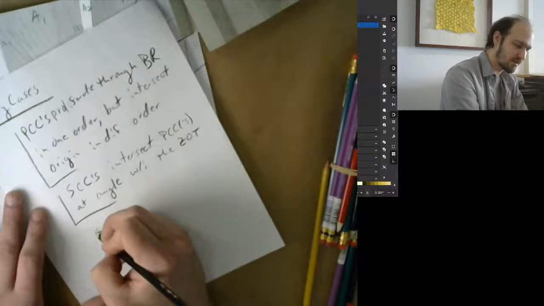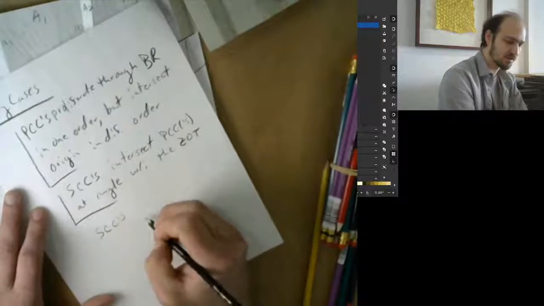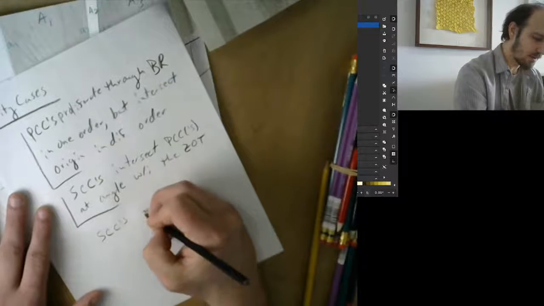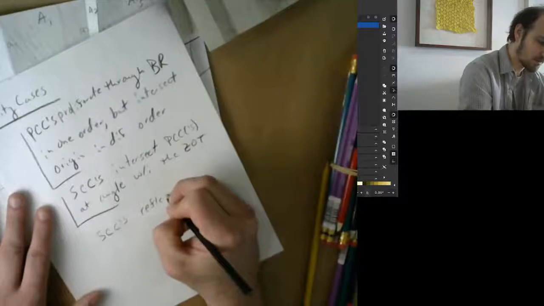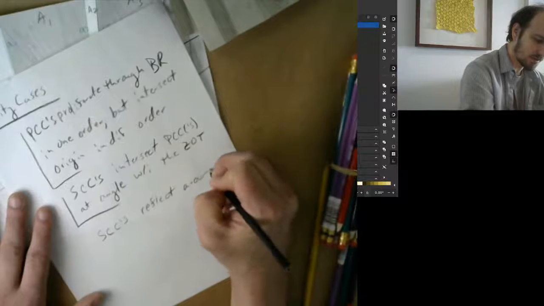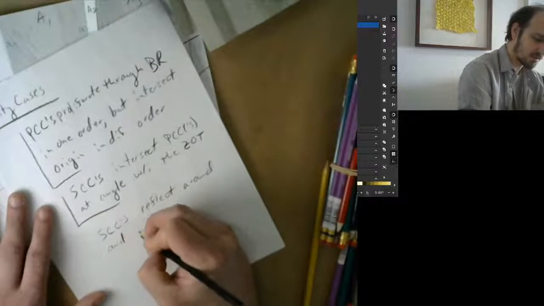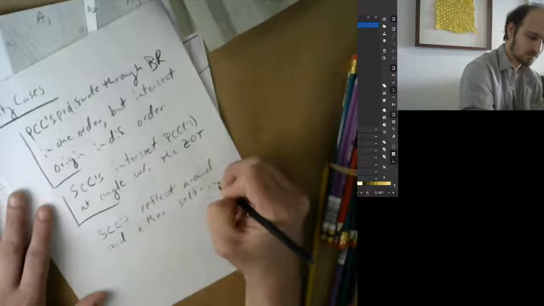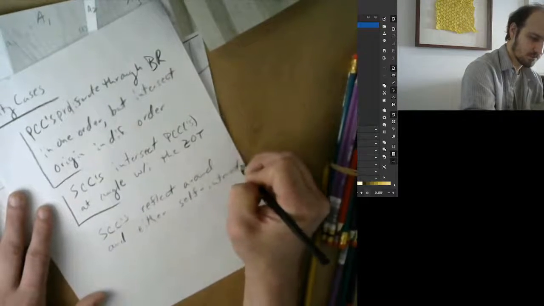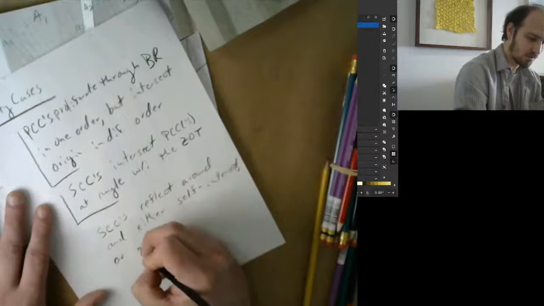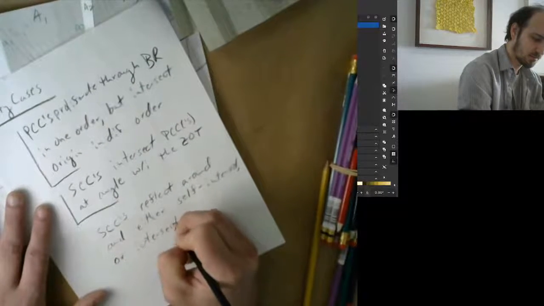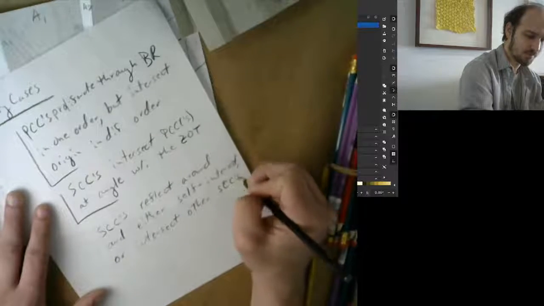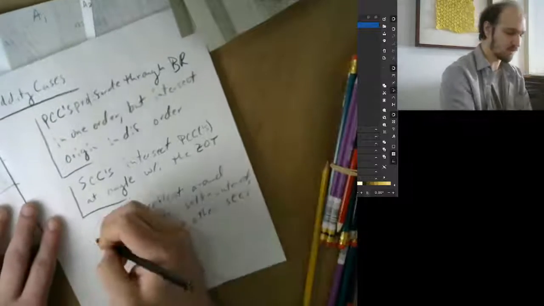And we have the condition where secondary collapse creases or tertiary collapse creases or quaternary or whatever reflect around and either self-intersect or intersect other secondary collapse creases or tertiary collapse creases or quaternary.